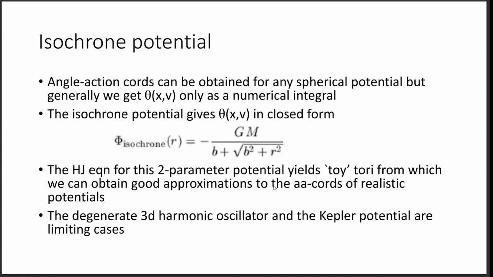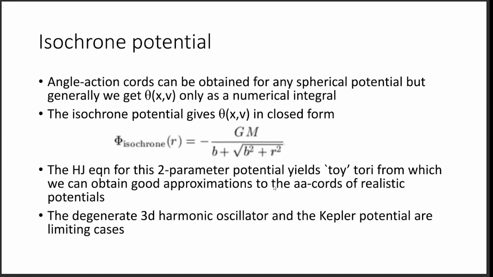So low eccentricity and high eccentricity orbits at a common energy all have the same frequency. There are reasons why he thought that was interesting. I think it probably isn't very interesting, but this potential is a lovely potential because it has two parameters: obviously this trivial scaling m, but more interestingly, this parameter b, which determines something like a core radius to the mass distribution that generates this thing.